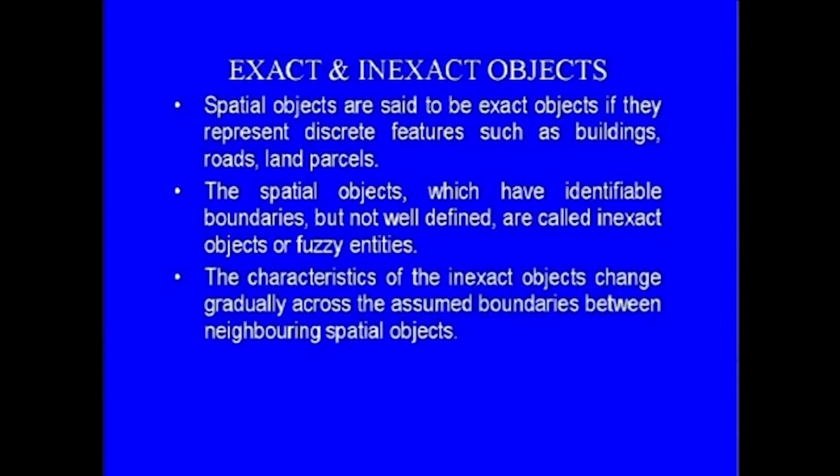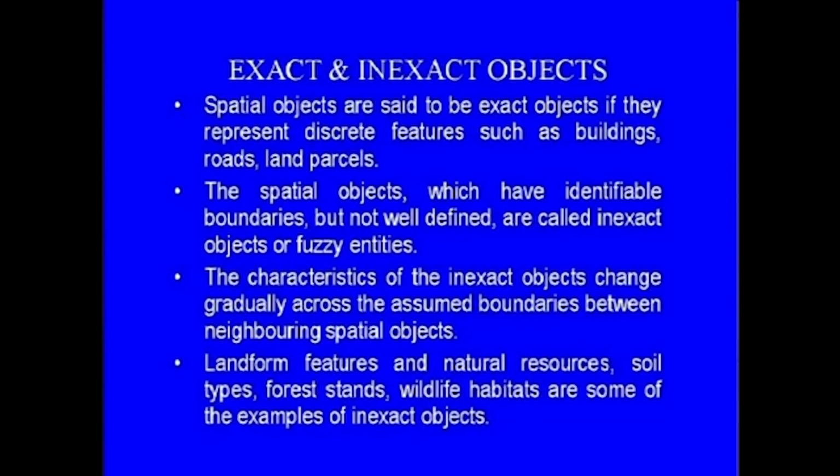The characteristics of inexact objects change gradually across the assumed boundaries between neighboring spatial objects. Landform features and natural resources, soil types, forest stands, wildlife habitats are some of the examples of inexact objects.